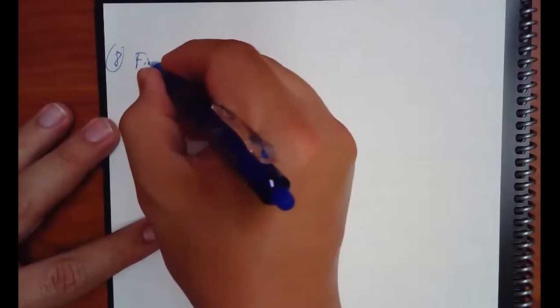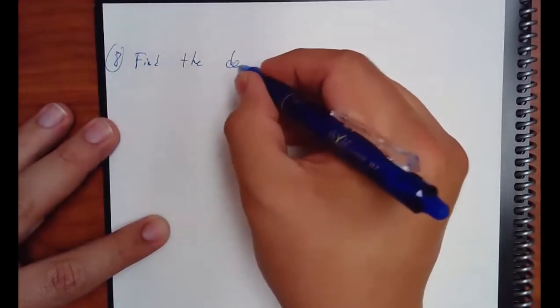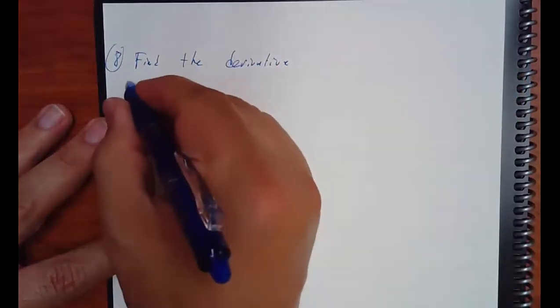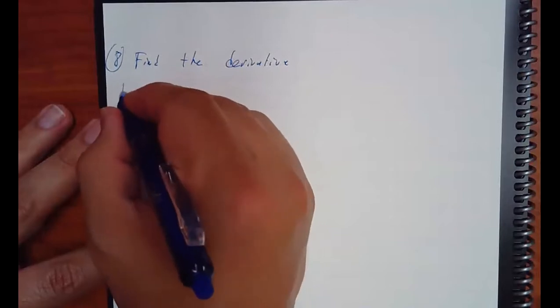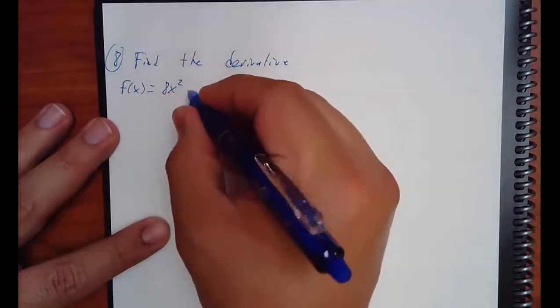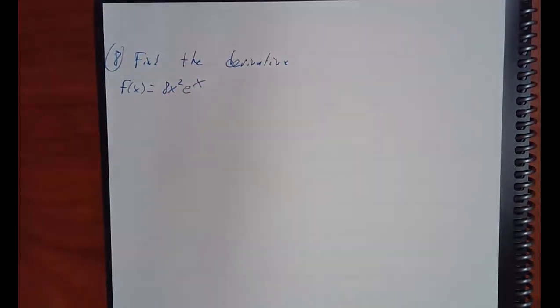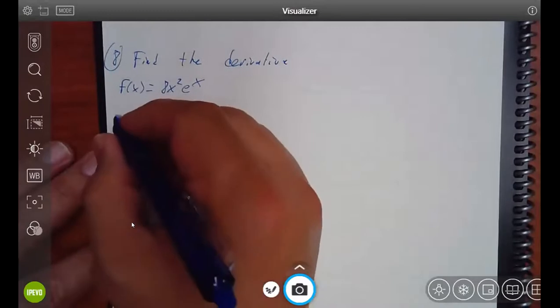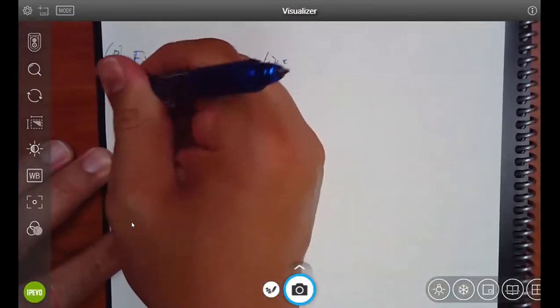Let's do 8 because it looks harder. Find the derivative. They use z, but I'm just going to use f of x, I guess. It's going to be 8x squared e to the x. So the derivative, well, you know what, let's use y because on the formulas we had f and g.